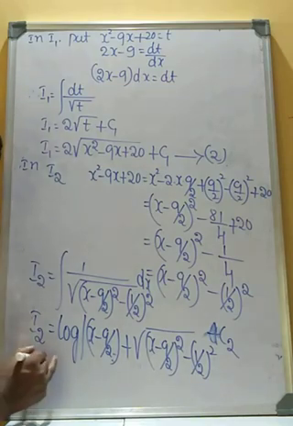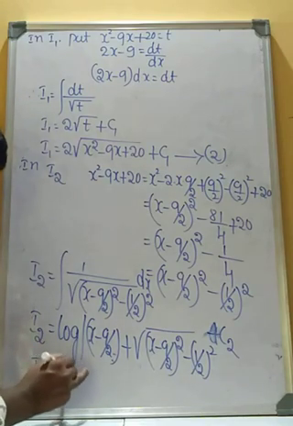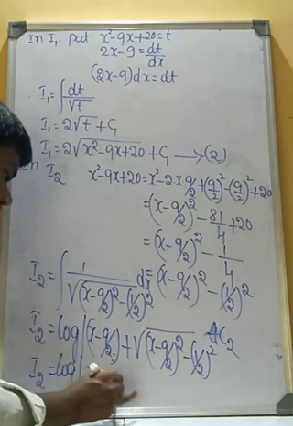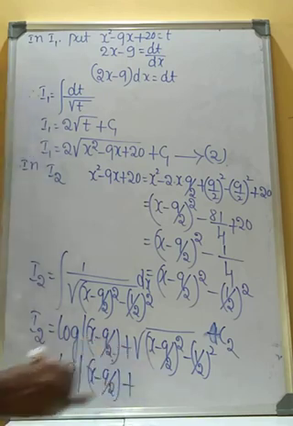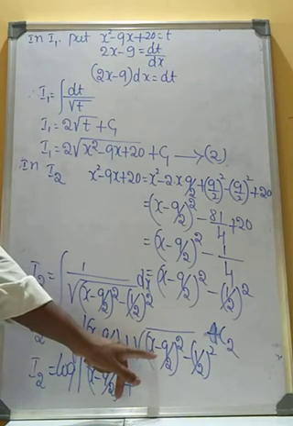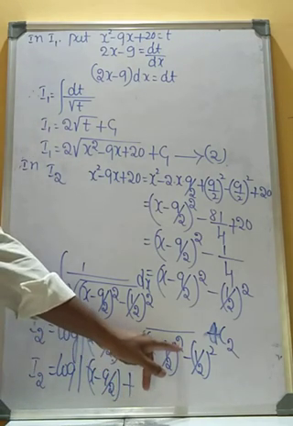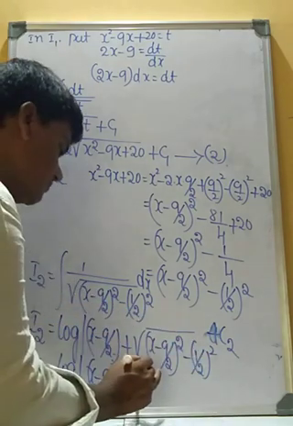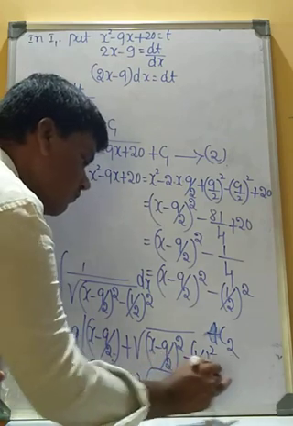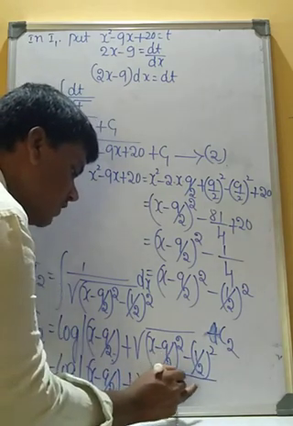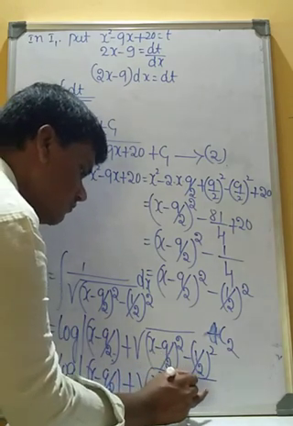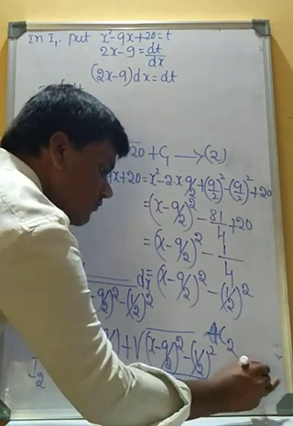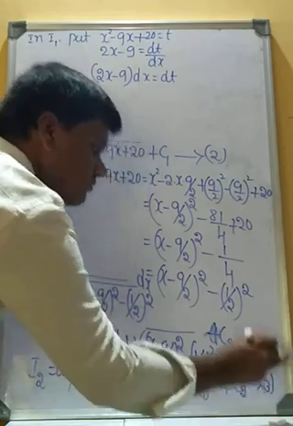Therefore, I2 is equal to log of mod x minus 9 by 2 plus root of x square minus 9x plus 20, plus c2. Call this equation number 3.